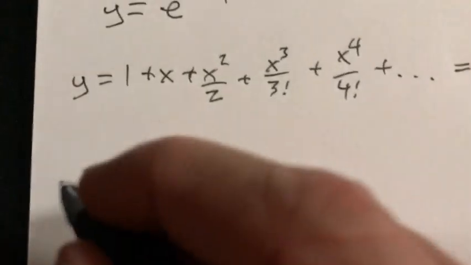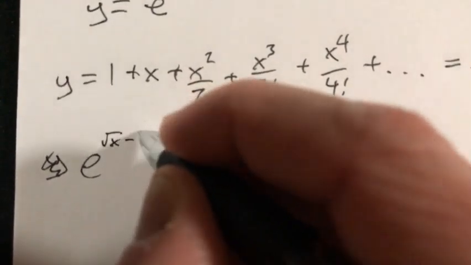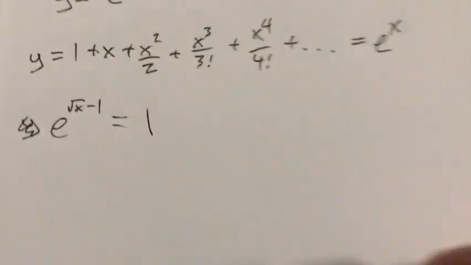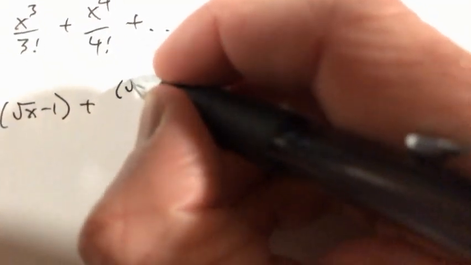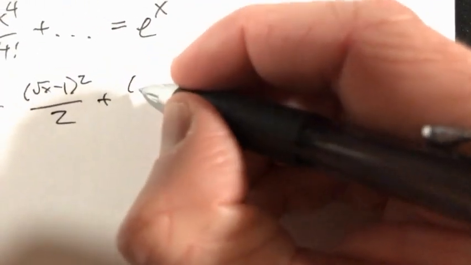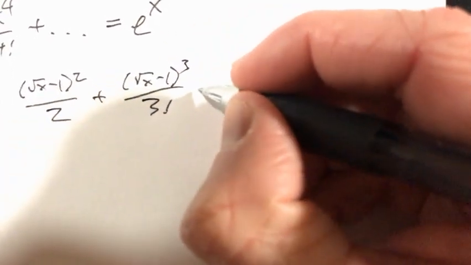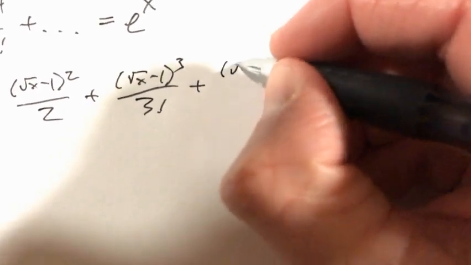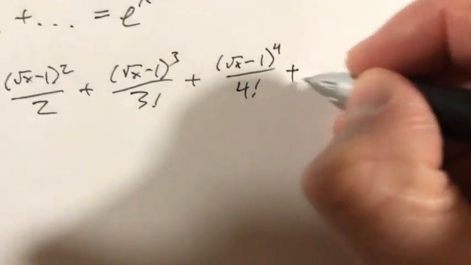And so this power series will look like, let's do this, y equals e to the square root of x minus 1. There's no x in that term, so it's just 1 plus, replacing the x with the square root of x minus 1, plus the square root of x minus 1 squared over 2, plus the square root of x minus 1 to the 3rd over 3 factorial, plus, I guess I'll write one more term down, the square root of x minus 1 to the 4th over 4 factorial.